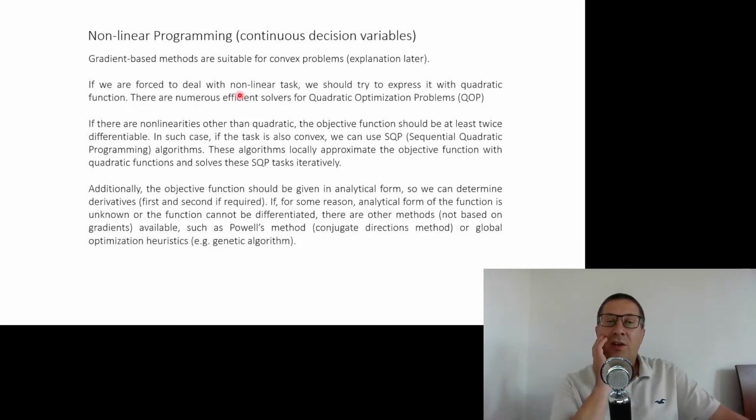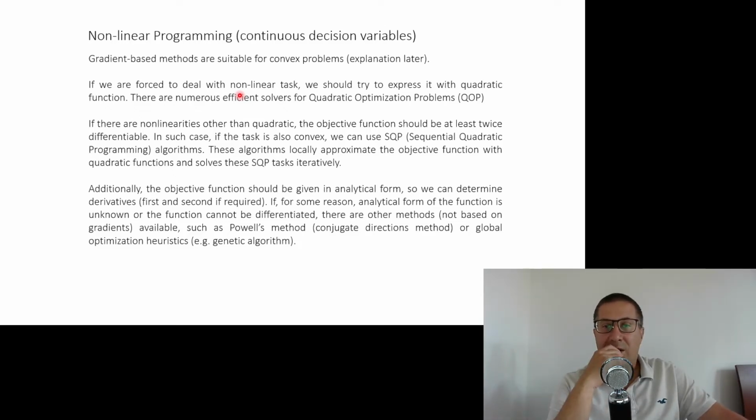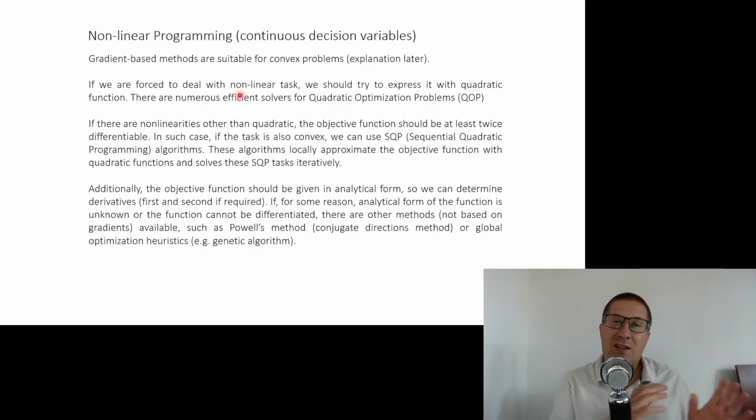If there are nonlinearities other than quadratic, what we can do as a data scientist that formulates this task is to have an objective function that is at least twice differentiable. Because in such case, if the task is convex, we can use the sequential quadratic programming algorithm.